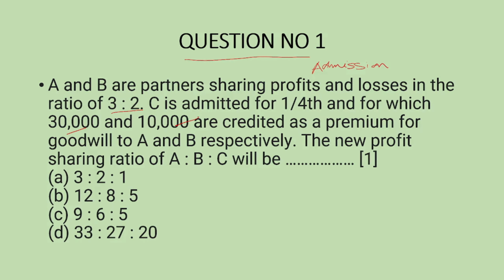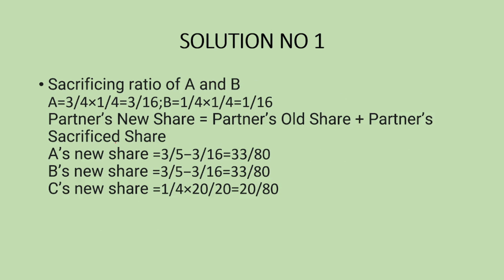33:27:20. So the sacrificing ratio of A will be calculated as 3/4 into 1/4, that is 3/16, and B's will be calculated as 1/4 into 1/4, that is 1/16. The new partner's share equals the partner's old share minus the partner's sacrificing share.